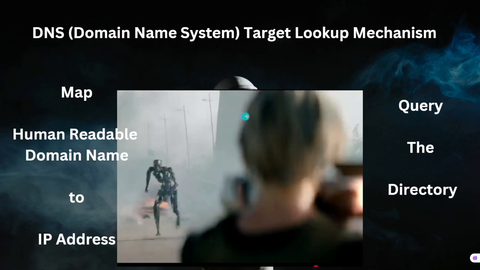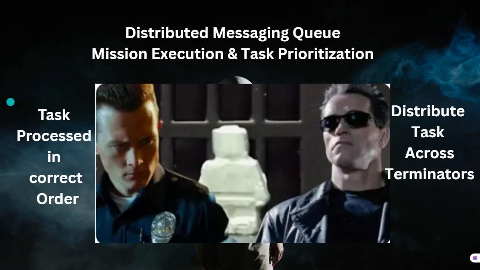The next concept we can understand is the distributed messaging queue. In distributed systems, a message queue ensures tasks are processed in the correct order.